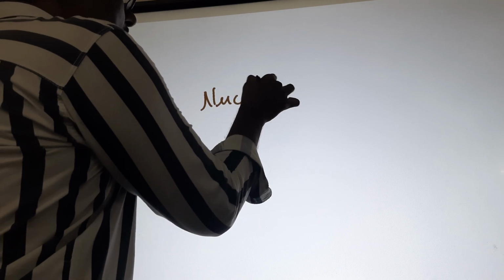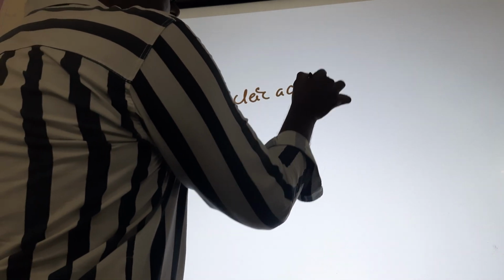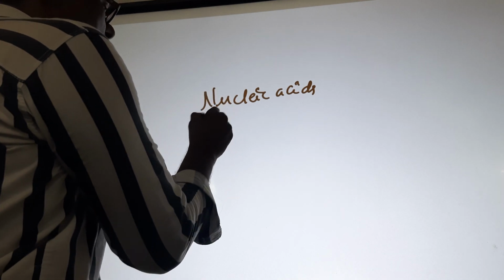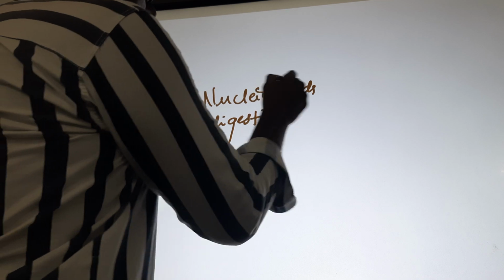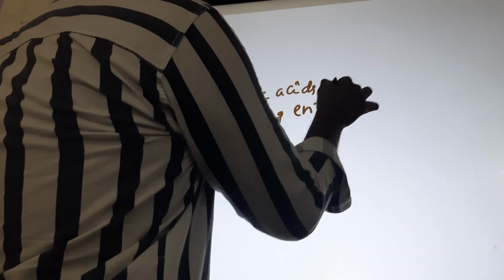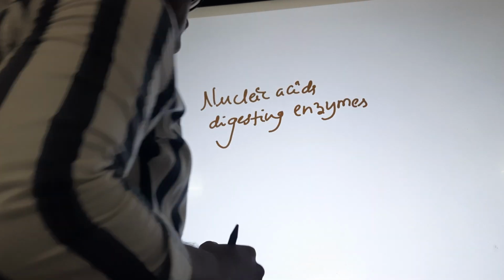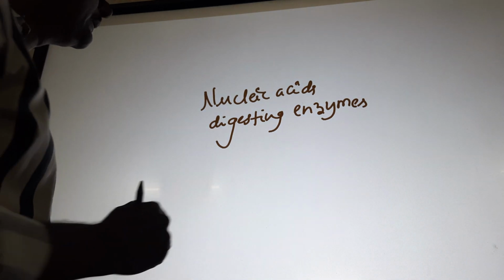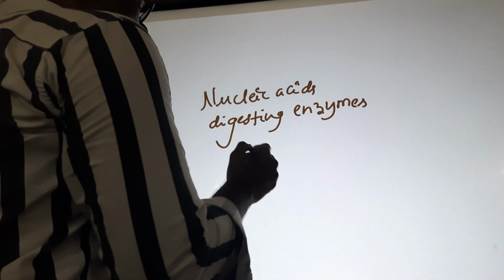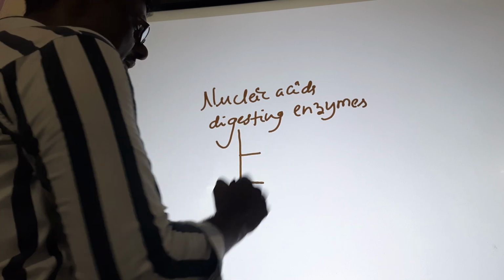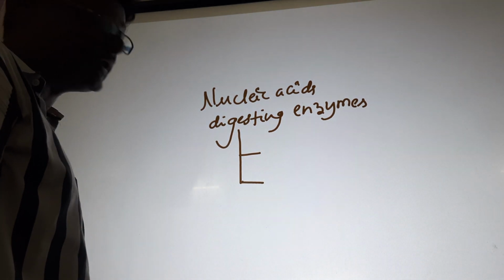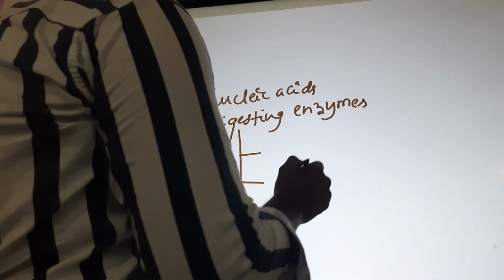Next, nucleic acid digesting enzymes. Tell me, what are the nucleic acids here? What are the examples of nucleic acids? DNA and also RNA. Hence, the enzymes are also given names based on DNA, RNA.